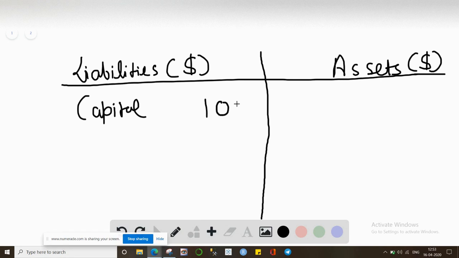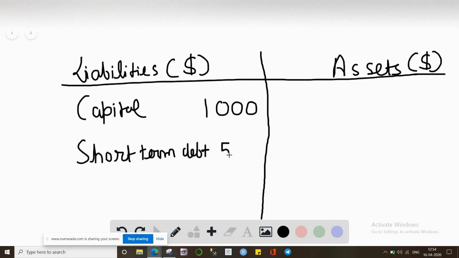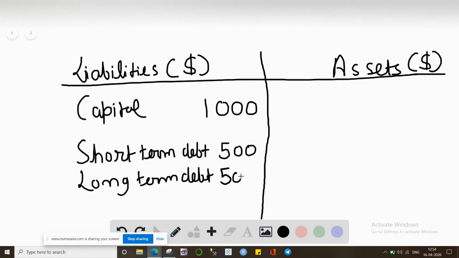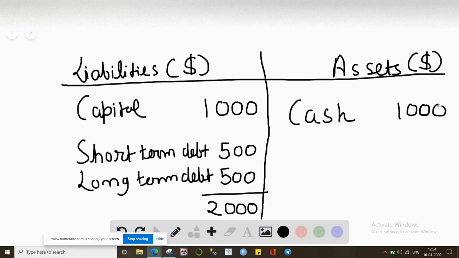Capital of say $1k, short-term debt $500, and long-term debt $500. So it's $2k. Cash $1000, debtors $1000.